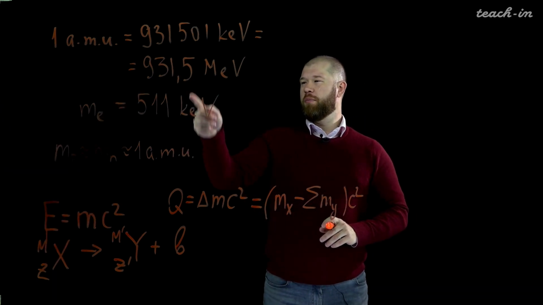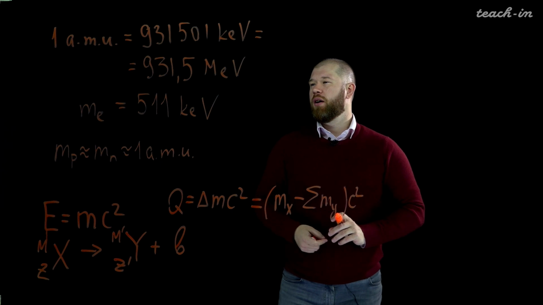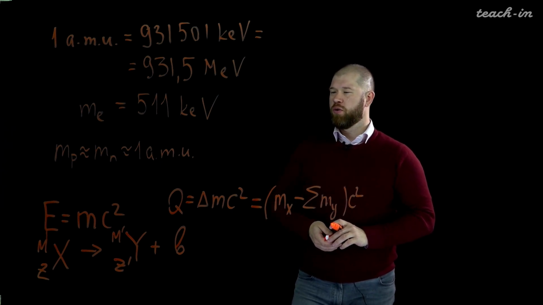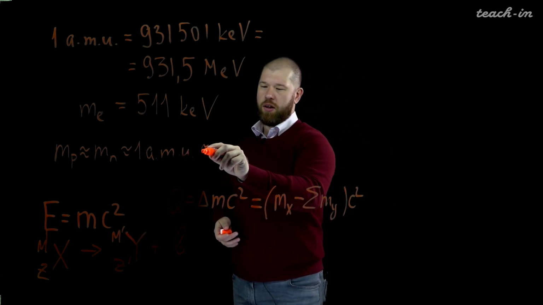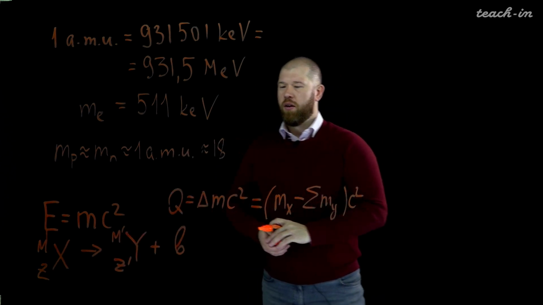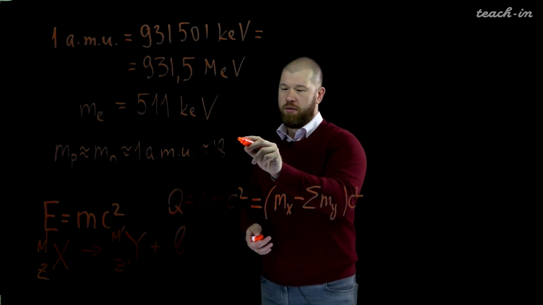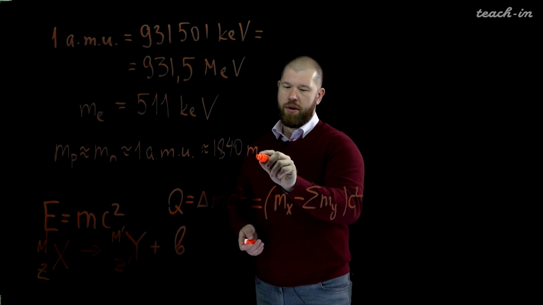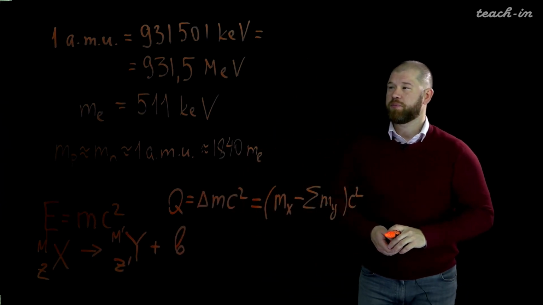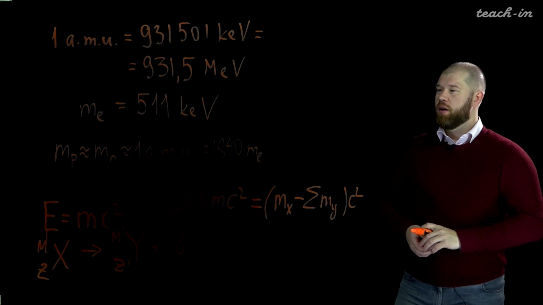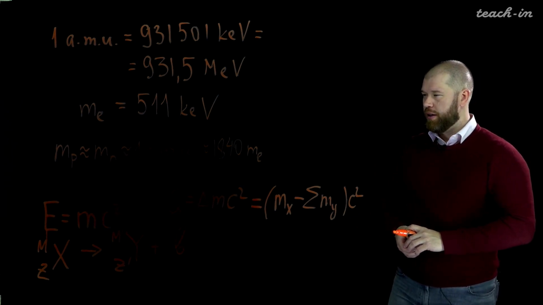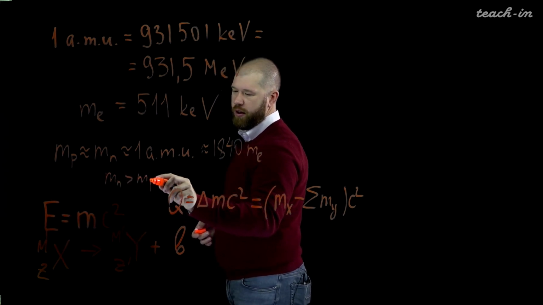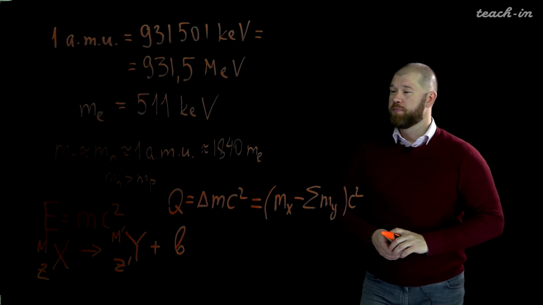And from comparison of these two numbers, we can say that the mass of protons and mass of neutrons approximately 1,840 times more than mass of electrons. And again, mass of neutron a bit more than mass of protons in reality.